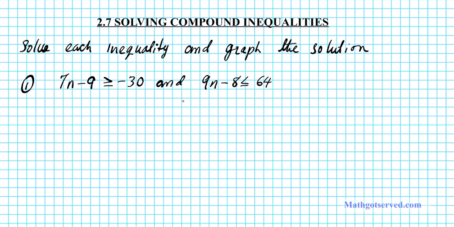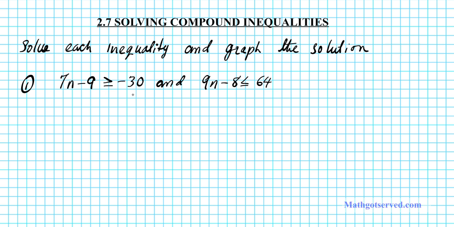Now, when you have a compound inequality that has an and, also referred to as a conjunction, you can write the final answer as a combined inequality. Just keep in mind that we can sandwich the variable between two values at the end. But let's just focus on how to solve these two components of the compound inequality.